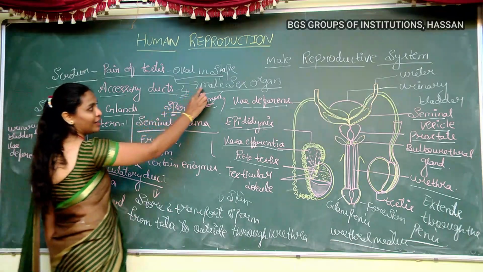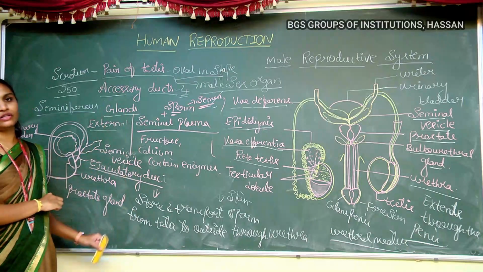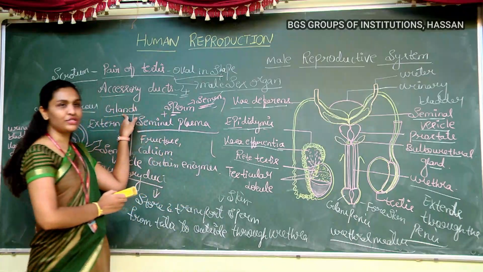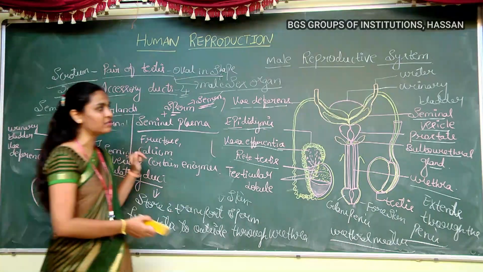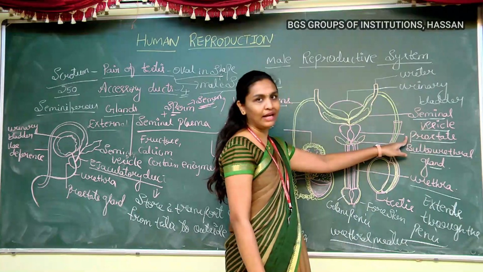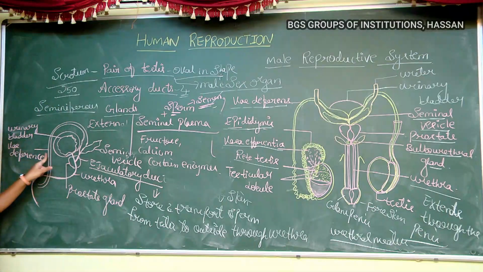The primary male sex organ is nothing but the testes, involved in the formation of sperms. And the male reproductive system contains 3 accessory glands: seminal vesicle, prostate gland and bulbourethral gland. See here, this is the vas deferens.